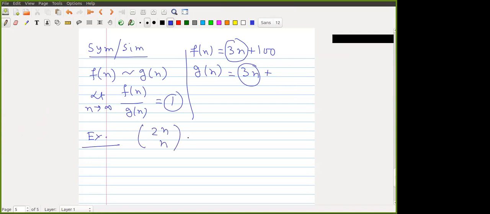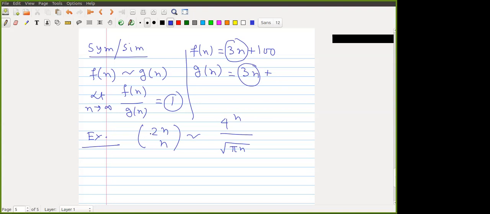We can prove that this is asymptotically similar to 4 to the power n by square root pi n. This is actually an example of Stirling's approximation. In the web page there is a problem set on this asymptotics, and this problem is coming from that problem set, problem 3 or 4.